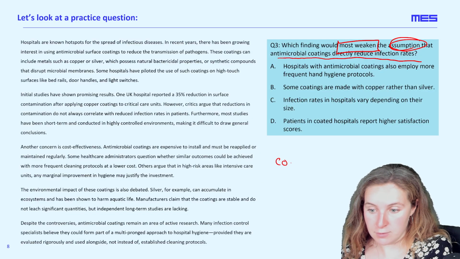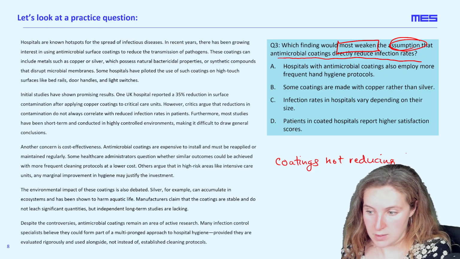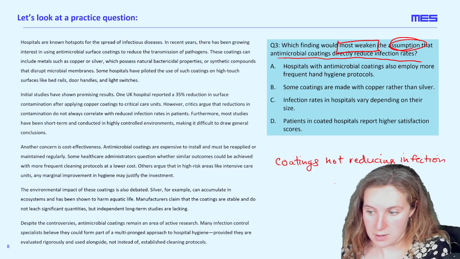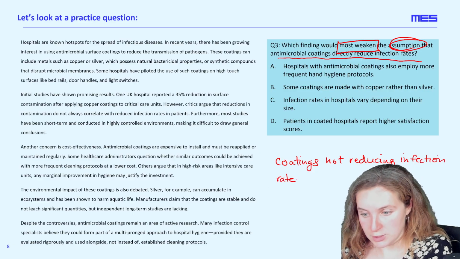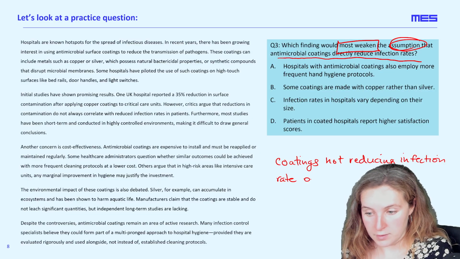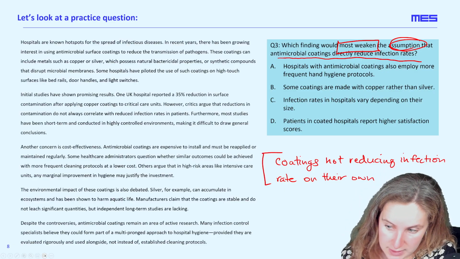So really we're looking for coatings not reducing infection rates, and that word directly is important because it suggests that that has an immediate effect on their own. Sometimes it is helpful to rephrase these for yourself.